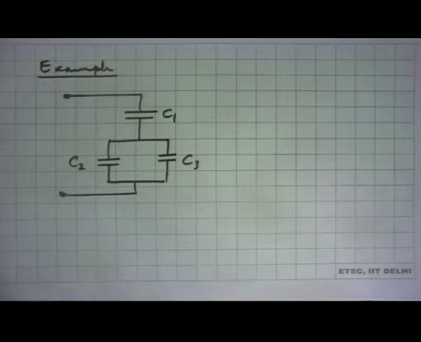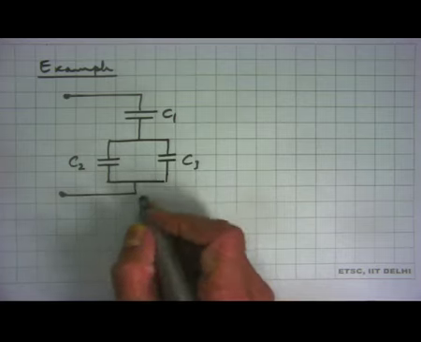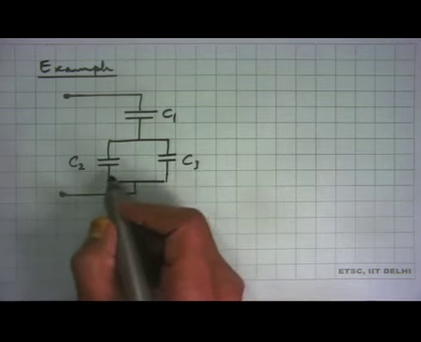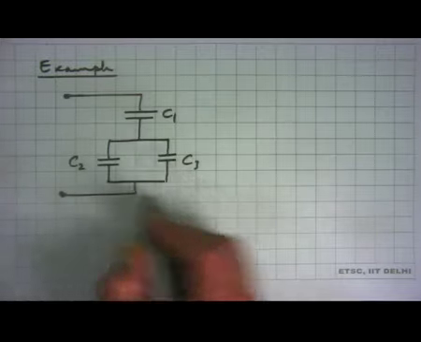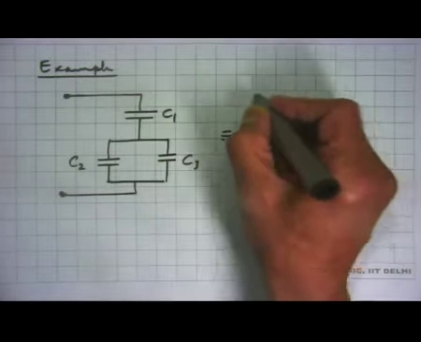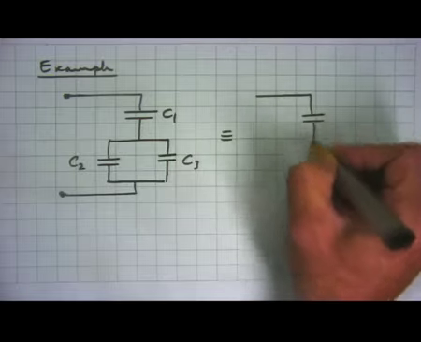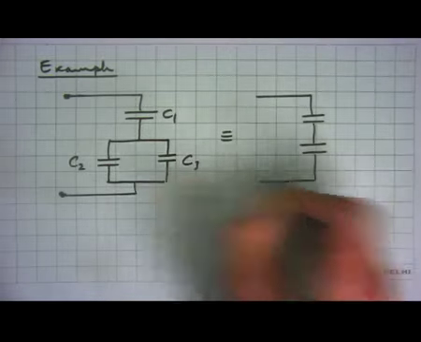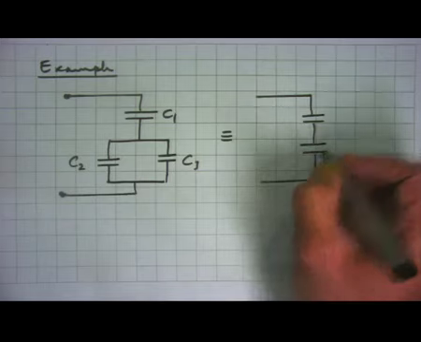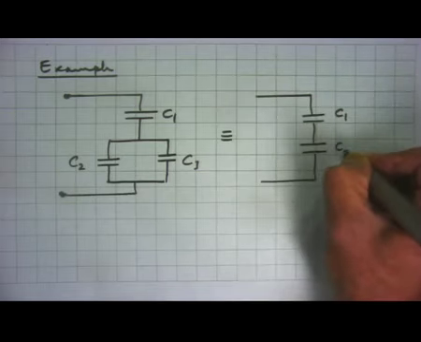So, I can use the discussion that we have had. First, I will take these 2 capacitors to be in parallel and equate this to another circuit where I have C1 and another capacitor here. I will replace these 2 capacitors by an equivalent capacitor, and let me call it C23.